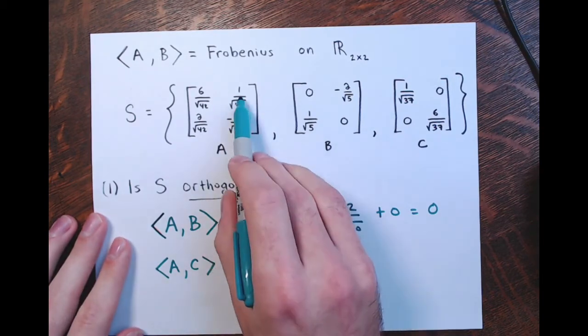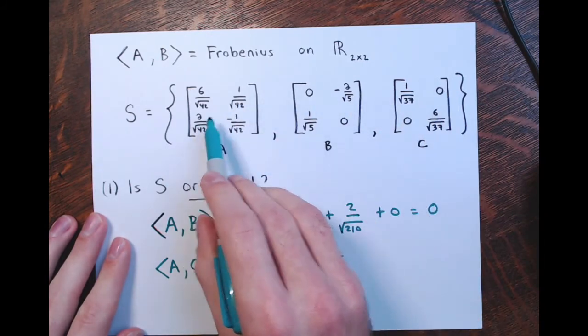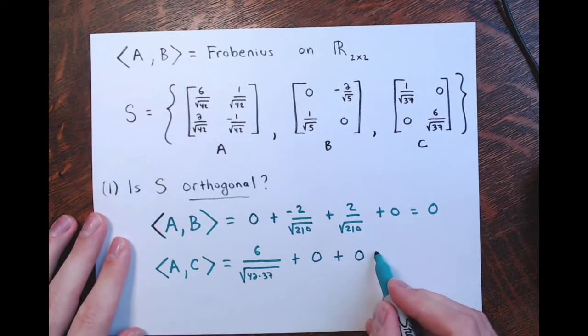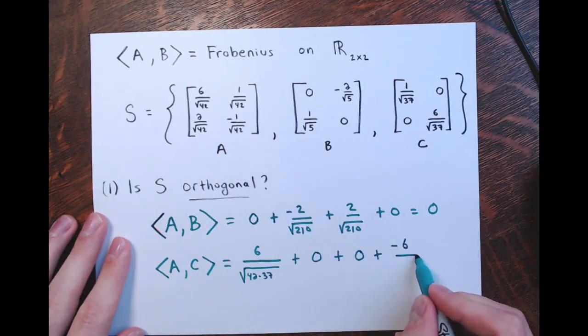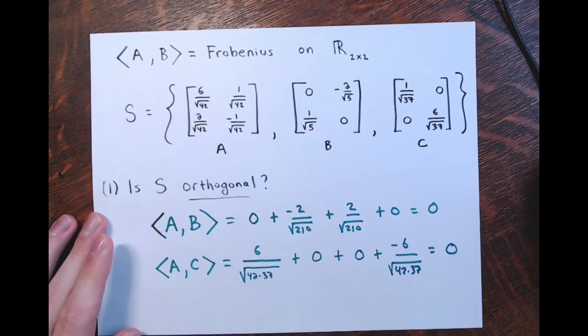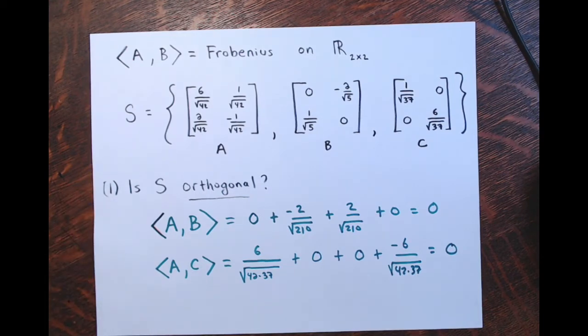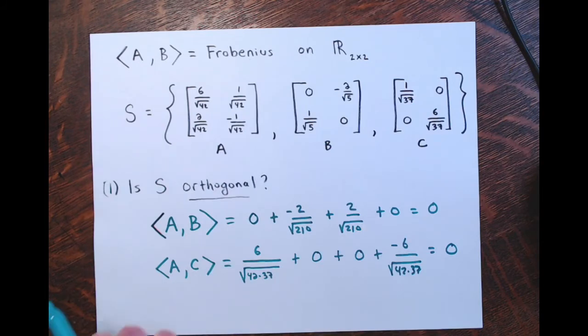Plus 0 plus 0 and then plus negative 6 over the square root of 42 times 37, and these would cancel and you have 0 again. Great. So A and B are orthogonal under the Frobenius inner product. A and C are orthogonal, but there's still one more pair, right? B and C.